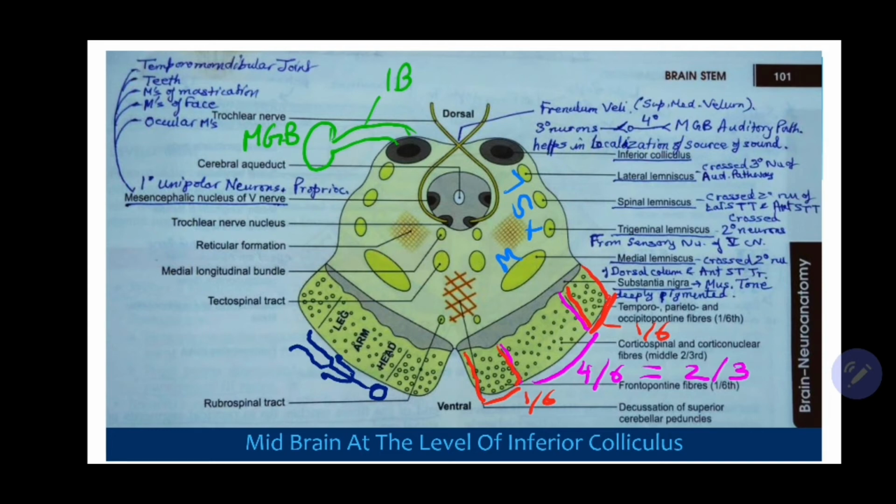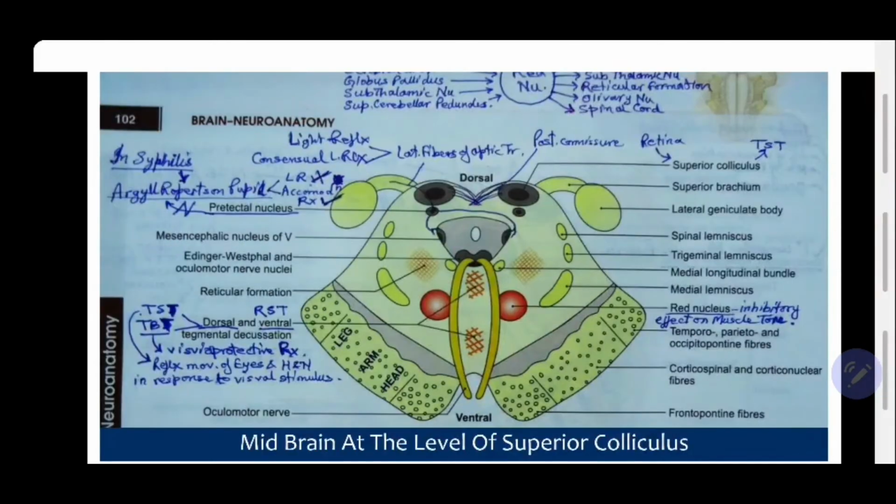okay, so I think we are done with this transverse section, the inferior colliculus, and now I'll be teaching you the next section. Now here you are seeing a transverse cut section of the midbrain at the level of the superior colliculus. That means here on the dorsal side you are seeing the two colliculi.